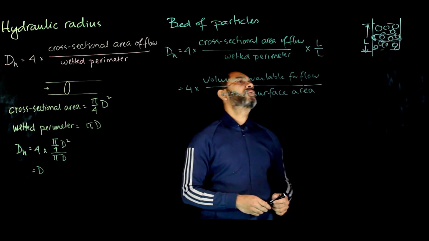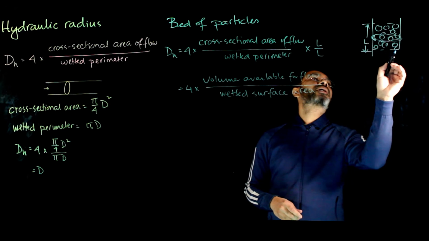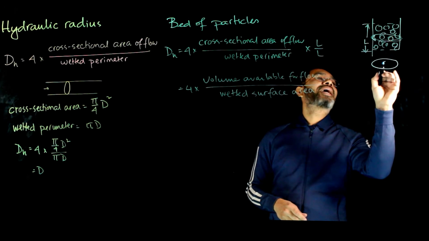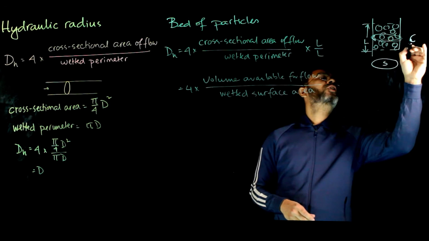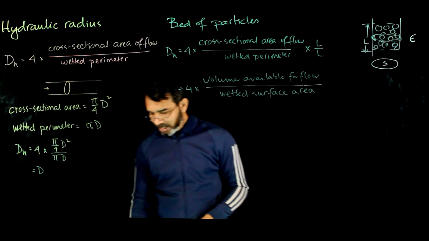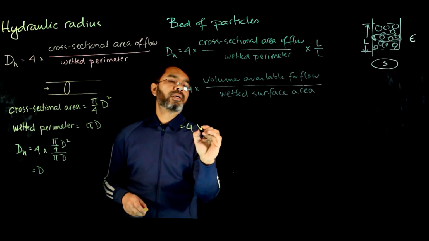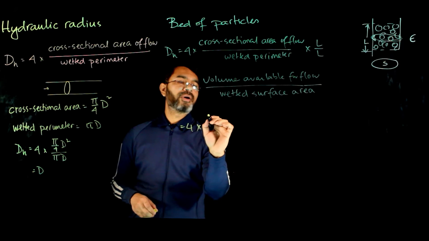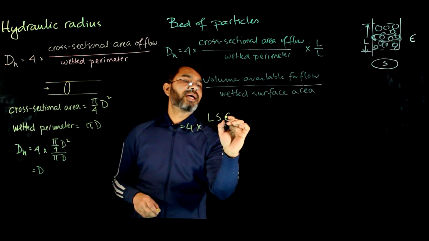Now in this formulation, if we take the cross-sectional area as S and the void fraction to be epsilon, then the volume available for flow becomes L S epsilon.